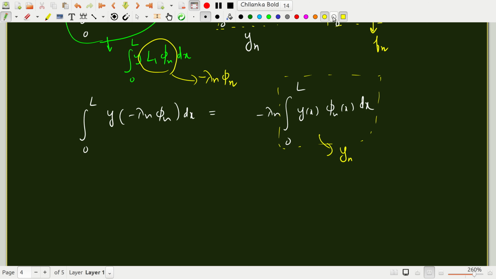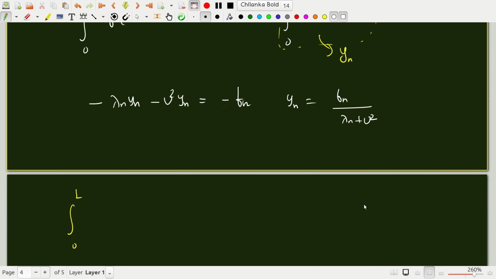So we can rewrite this equation as minus lambda n yn minus u squared yn is equal to minus fn, or yn is equal to fn by lambda n plus u squared.